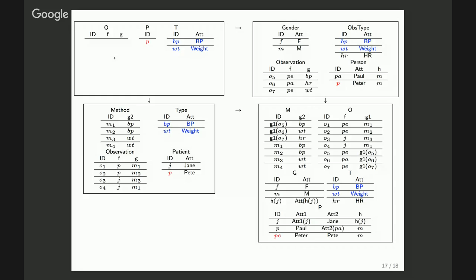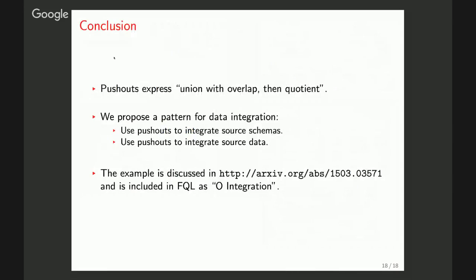But anyway, I would encourage everyone who's intrigued by this admittedly hasty description to take a look at that paper and read about this at their leisure. So here in the conclusion, this is the arXiv reference to that paper to read about it, and then the example is also included in the FQL tool.